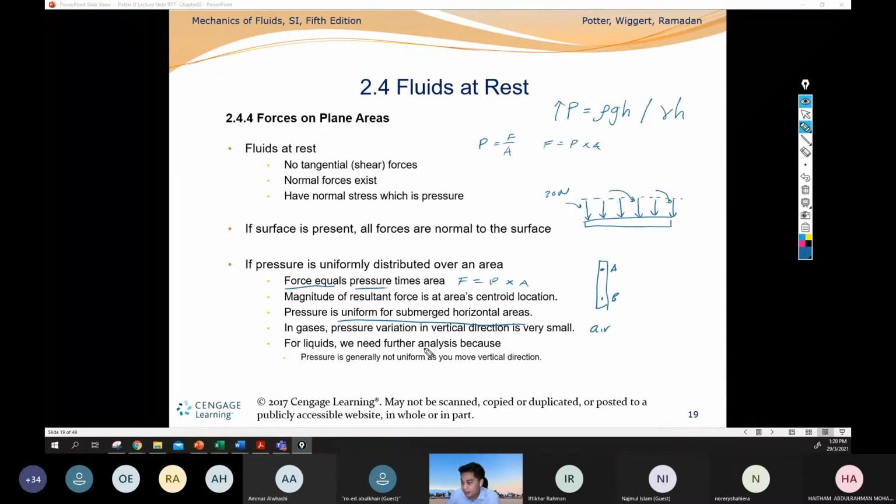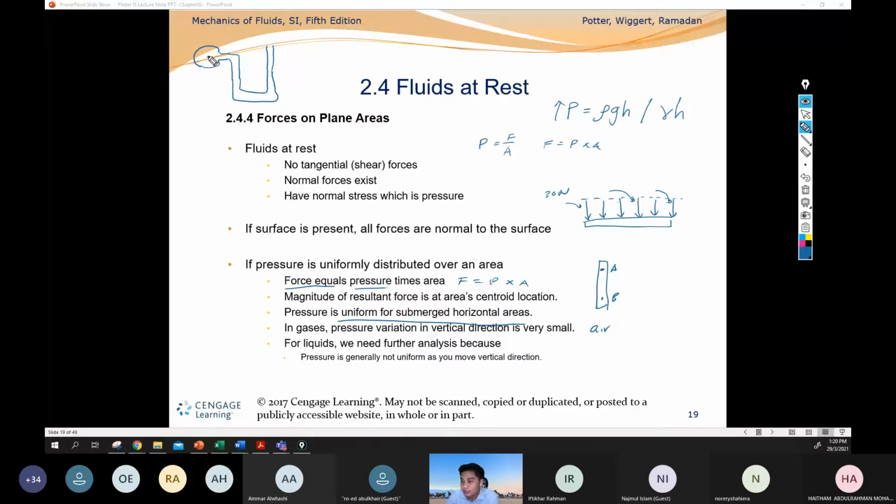So this part can be seen from here. Can you see from the previous calculation of manometer? Okay, this is manometer.